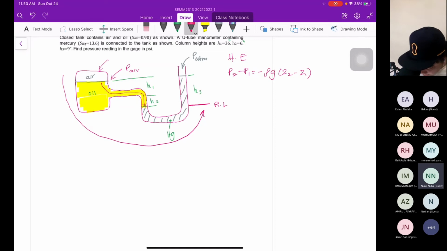Okay, let's say this is point 1, the reference line is point 2, and this one is point 3. All right, so from air go to point 1. So what do you need to do?